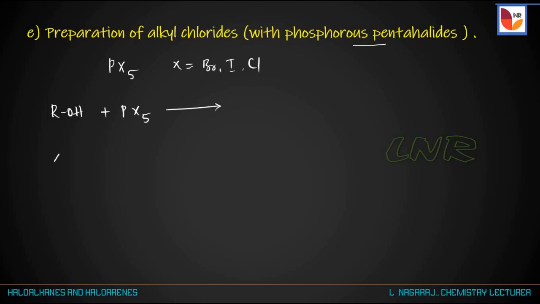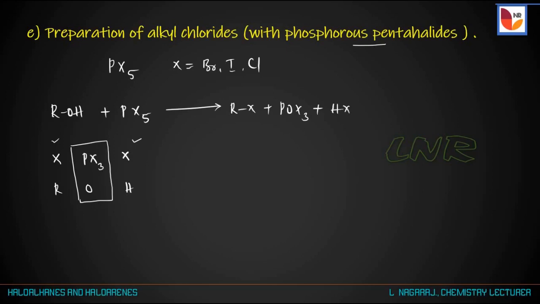That is, PX5 is to be represented as PX3 and X, and alcohol to be written as ROH, that is POX3 is one of the byproducts and HX is another byproduct, and the main product is RX, that is RX plus POX3 plus HX.